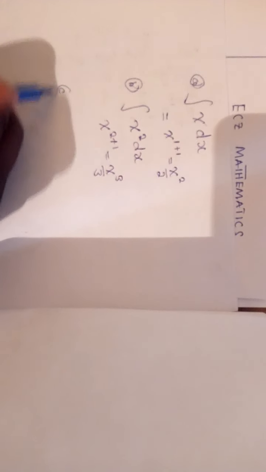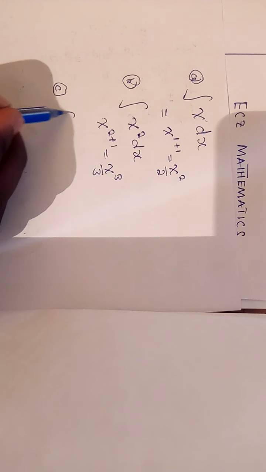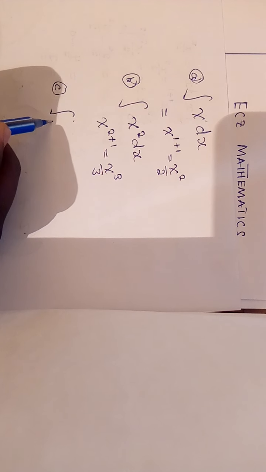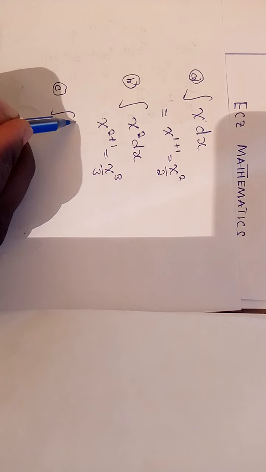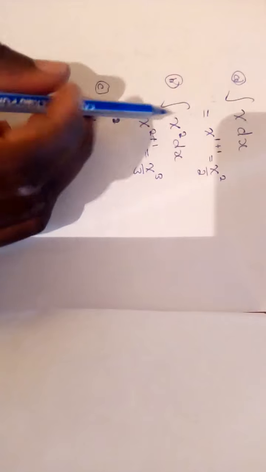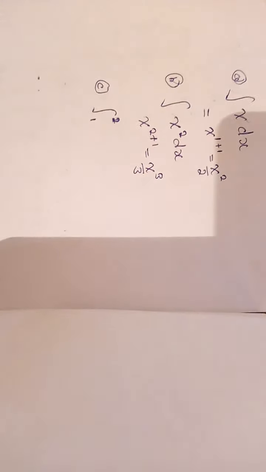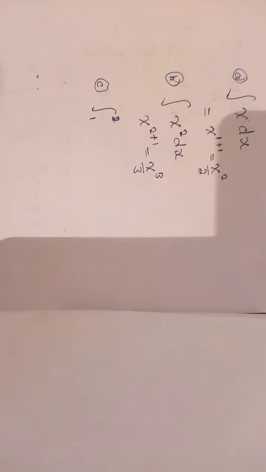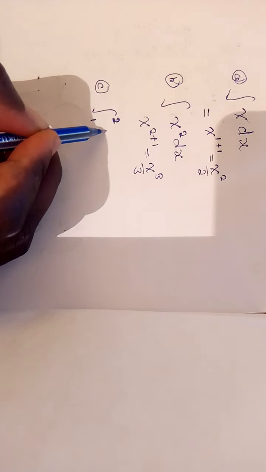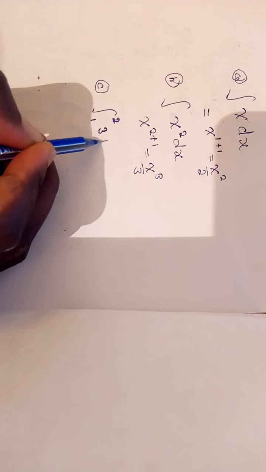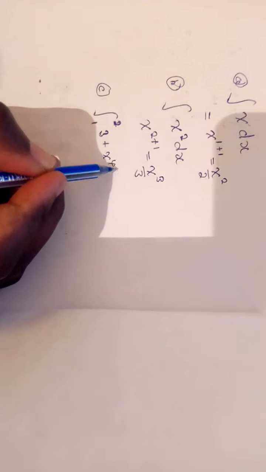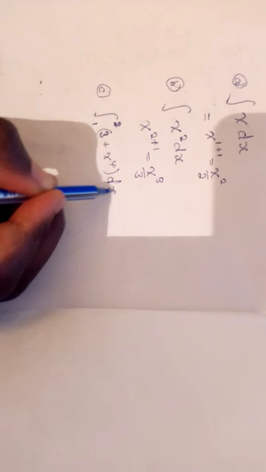Let's now do example C. In case they give you something like this, let's say here they put 1, here they put maybe 2, I'll just say 2. If you saw, there are no numbers on examples A and B. And then maybe they give you 3 plus x power 4, and then dx.